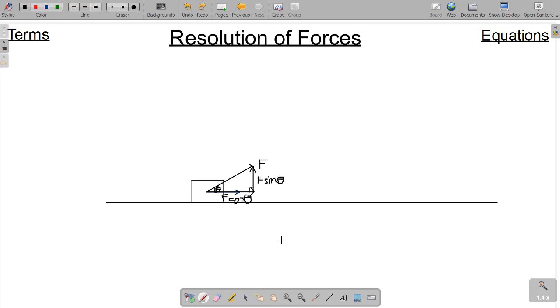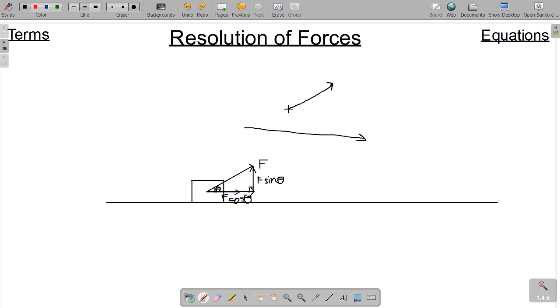Now I'll talk about why you want to resolve it into two perpendicular forces. Let's say you have a force in this direction, and you want to find the effect of this force in, let's say, this direction only.